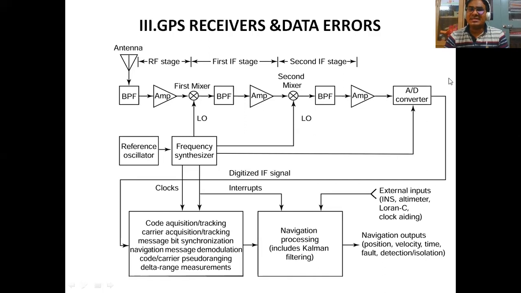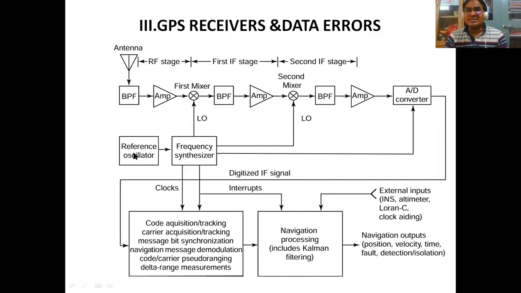First the signal is given to a mixer. Whenever it is a mixer, minimum two inputs are required. One input is our RF signal, which is received, and another signal is coming from a reference oscillator.